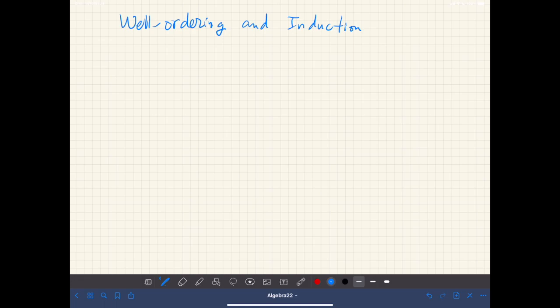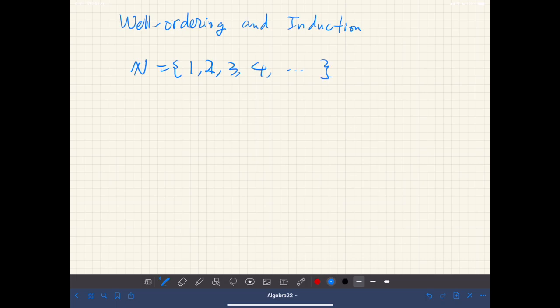Next, we are going to see a few axioms that are going to be used throughout this course. To begin with, let's consider the set of natural numbers. That is the set of 1, 2, 3, 4, and so on.